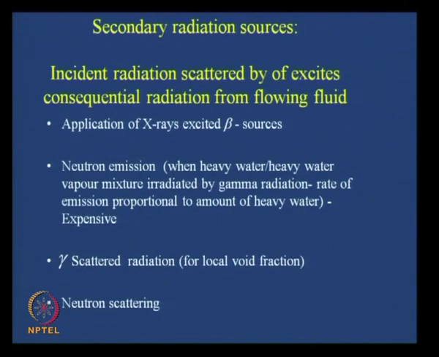Now, apart from radiation attenuation, there are certain other techniques also which are usually used. It can be that the radiation which is incident on a particular two-phase medium is scattered. Instead of measuring the amount which is transmitted, we can measure the amount which is scattered. This can be one technique.